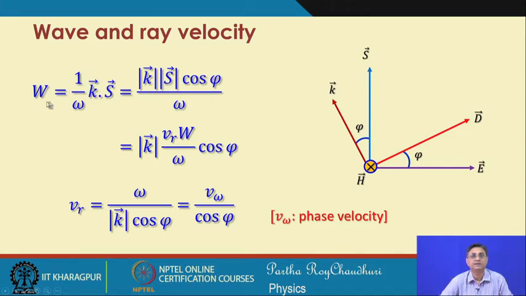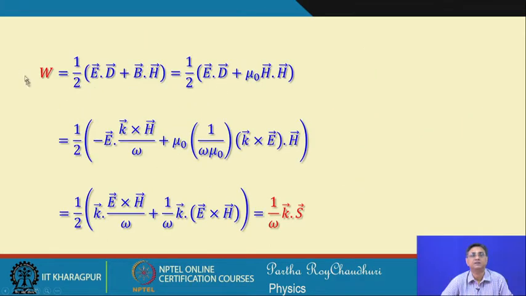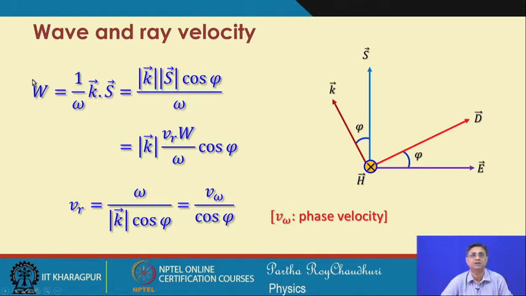You see that the energy density, just now we have seen, can be represented as 1 upon omega k dot S. So, if I use this relation W equal to 1 upon omega k dot S, but k dot S we can write explicitly as mod of k mod of S by omega into cosine phi, where phi is the angle between the direction of propagation of the electromagnetic wave and the direction of propagation of the energy, that is the Poynting vector. So, this angle is phi.